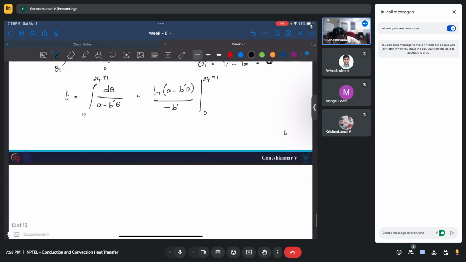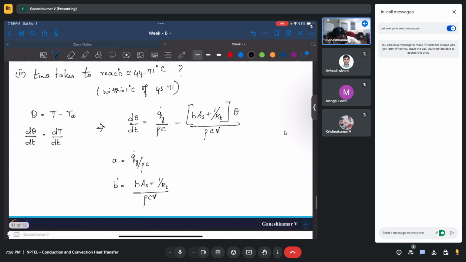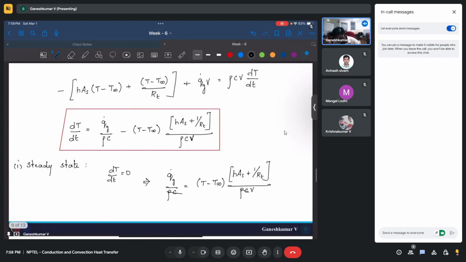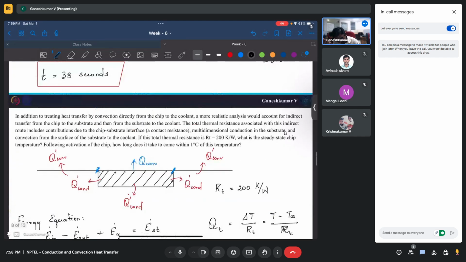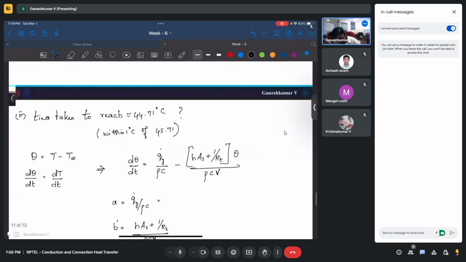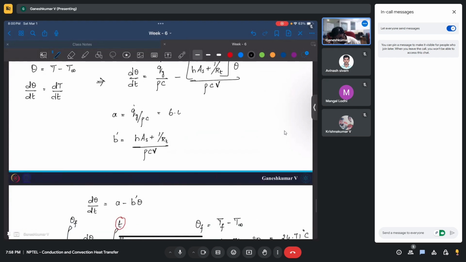Now A is already known, I guess. A, q dot g by rho c, is not changing. We already did it in the last example: it is 6.4286. However, we need to find B dash because it's not simply h_A_s by rho C V. Now we have the additional 1 by R_T term.